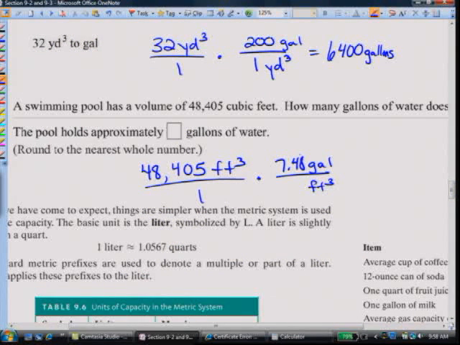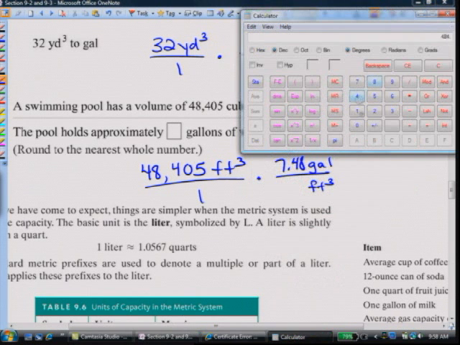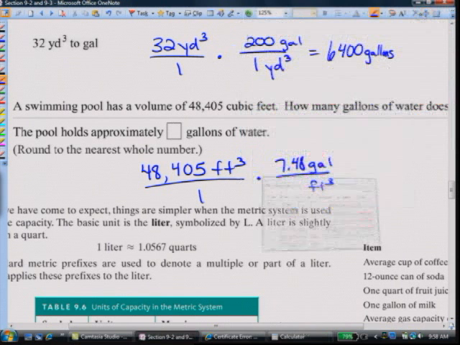So we'll just multiply 48,405 times 7.48, and we get 362,069 gallons. So that's a big pool. It's an Olympic pool. It's like that one at the Y or something.